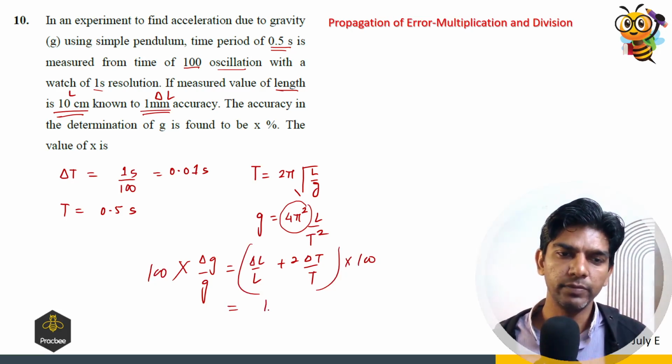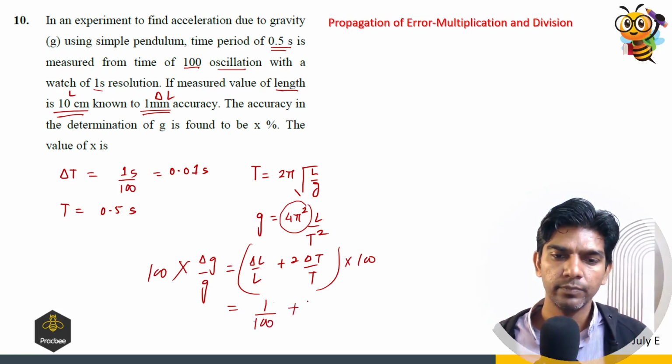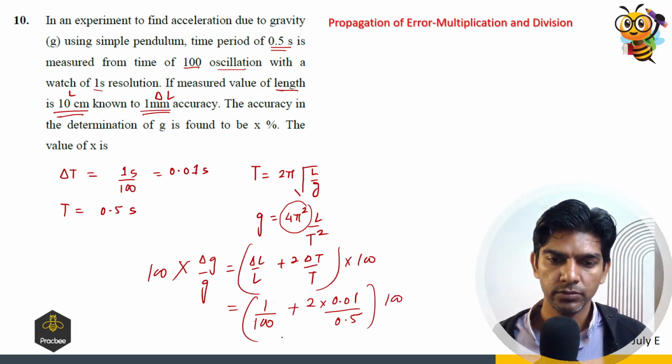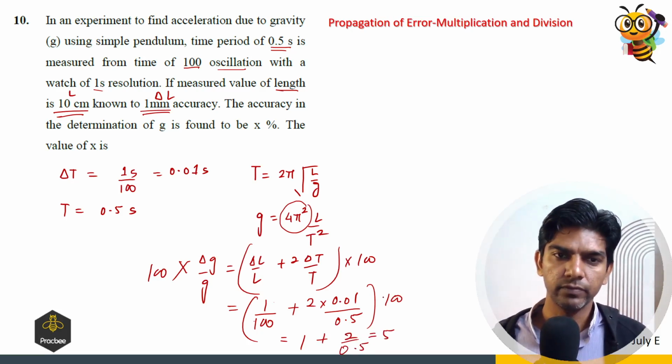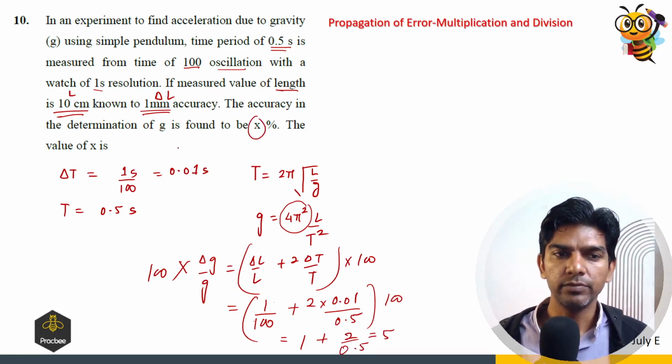Delta L is 1 millimeter and 10 centimeter can be written as 100 millimeter, plus 2 times delta T is 0.01 and T is 0.5, times 100. So this comes out to be 1 plus 2 upon 0.5, which will be 5. So x will be 5.